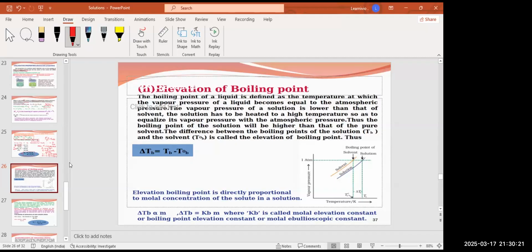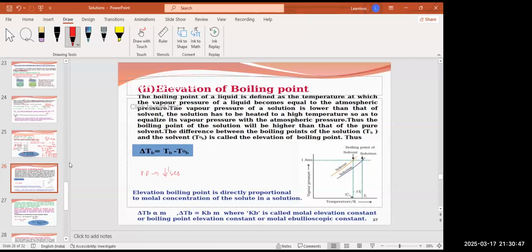Why? Because the vapor pressure of the solvent decreases in the presence of a non-volatile solute, right? And to make it boil, we have to increase the vapor pressure to atmospheric pressure by raising the temperature. Clear?